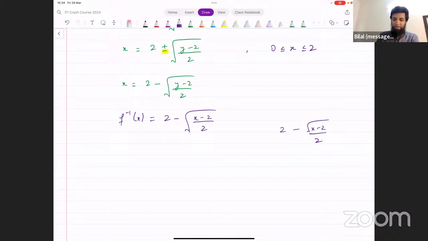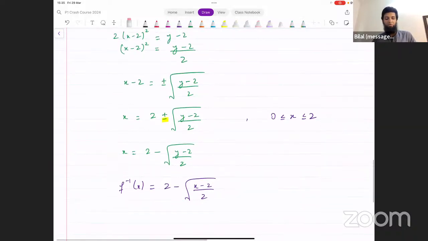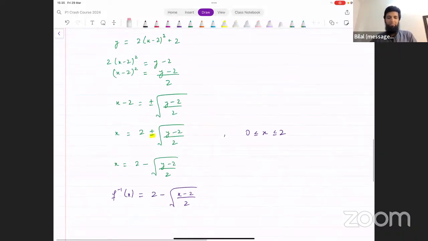It should be very clear that the square root applies to both the numerator and the denominator. If you just write the square root like this, it basically says the square root is only on the numerator and not on the denominator. So it should be very obvious from your writing that the square root is on that whole fraction, okay? And that's the inverse function. That is what we were looking for. Make sense?